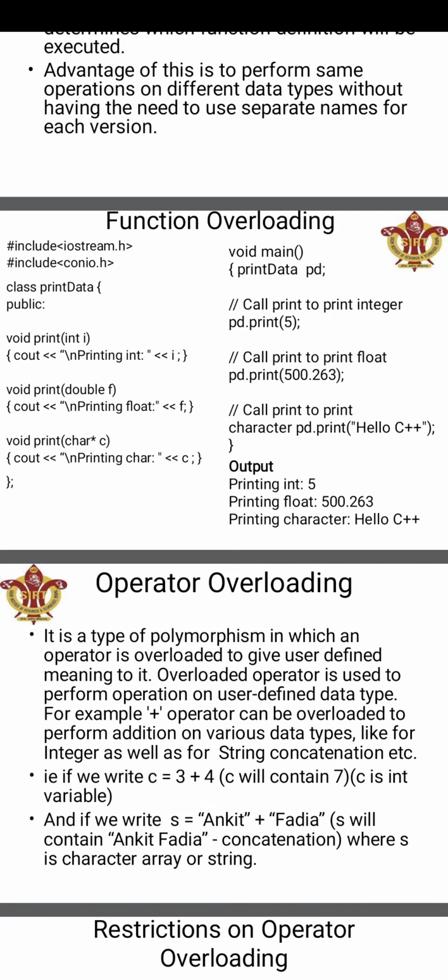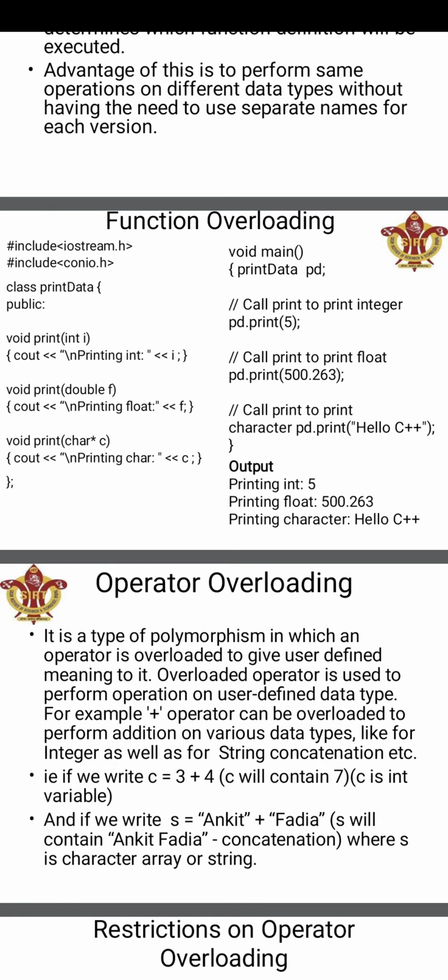In the main function, we define one object of type print data. Print data is the class name, and pd is our object of type print data. Now we use this pd to access the functions, and as we have already discussed, whatever variables and functions are present in the public section of the class can be accessed using the object name and the dot operator inside main.